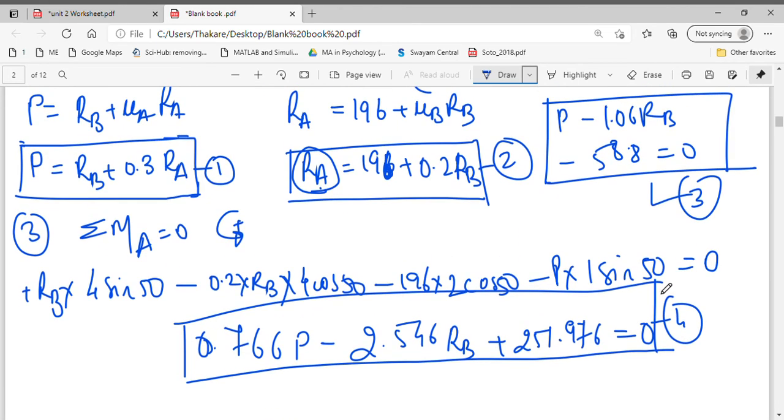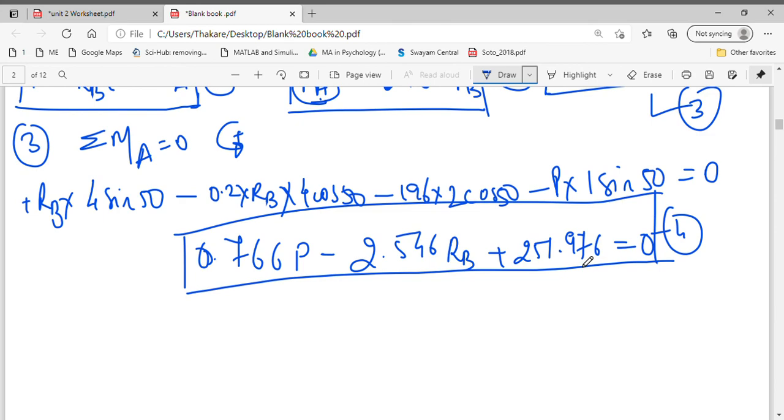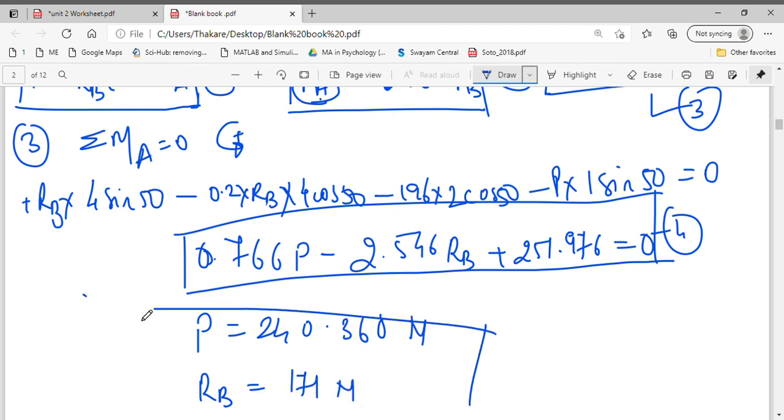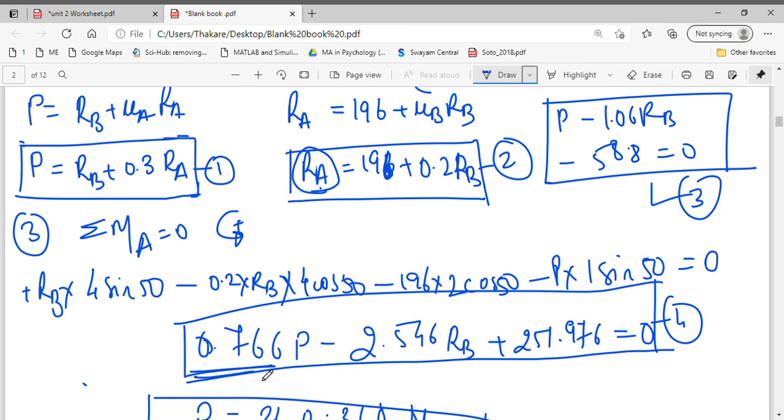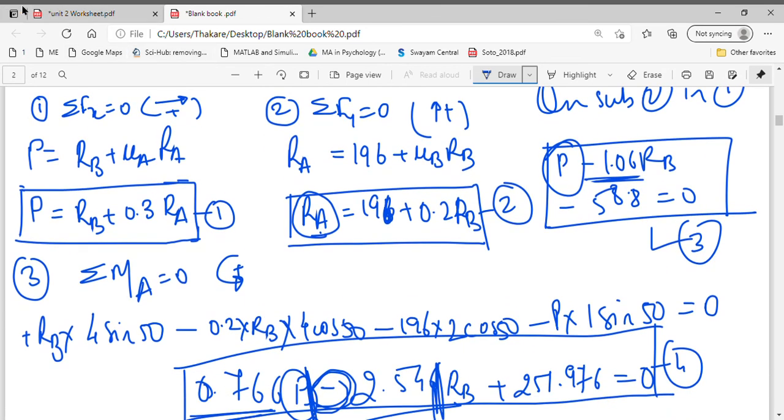In calculator you can solve both the equations and you will get the value of P as 240.360 Newtons and reaction developed at B as 171 Newtons. While substituting these equations, make sure you are writing the number associated with the unknown and its sign as well. Here the coefficient of Rb is minus 2.546 and here it is minus 1.06. So while solving, you need to take care of these few things.